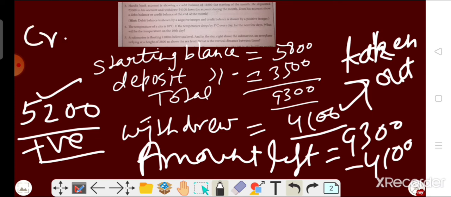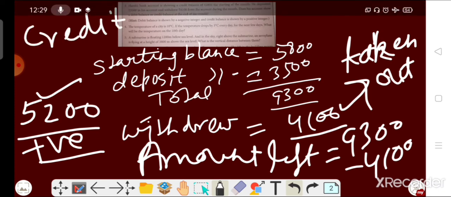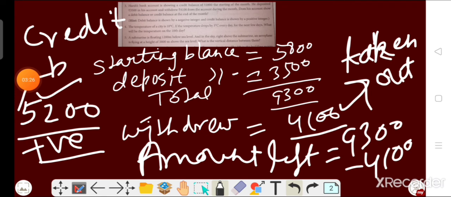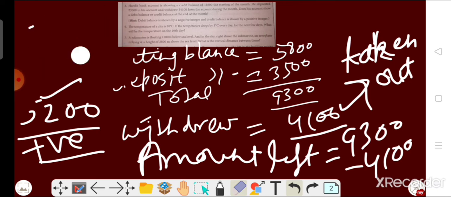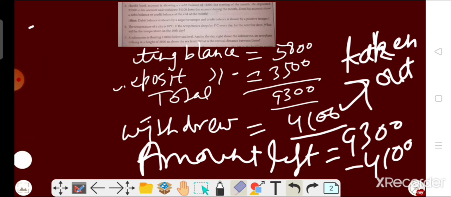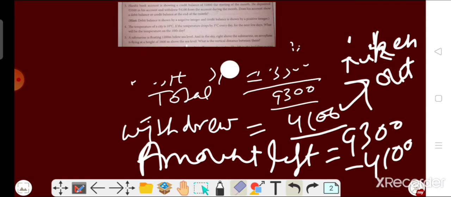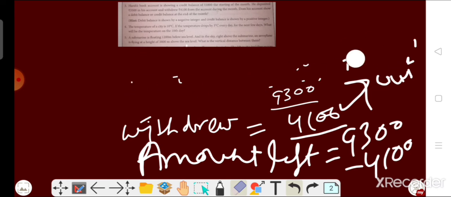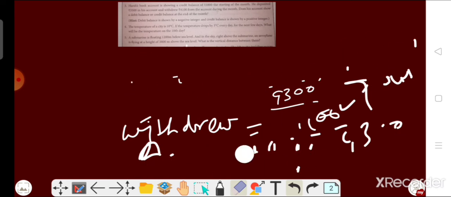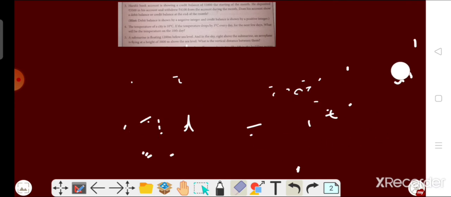Which balance? Credit balance. Okay, so from here what can we say? We can say that, beta, Harsh has a credit balance at the end of the month.